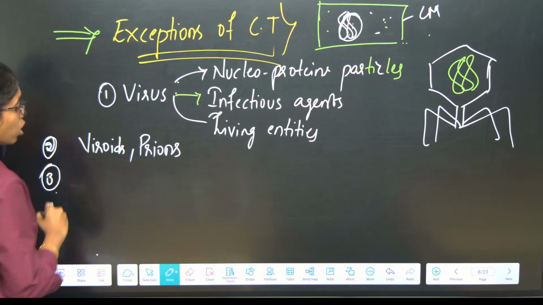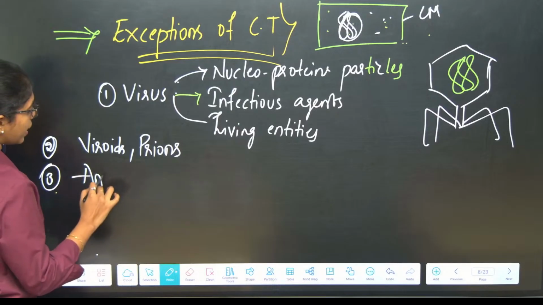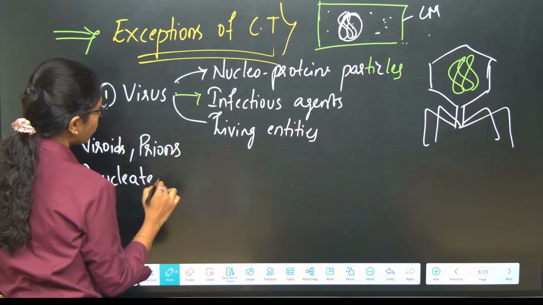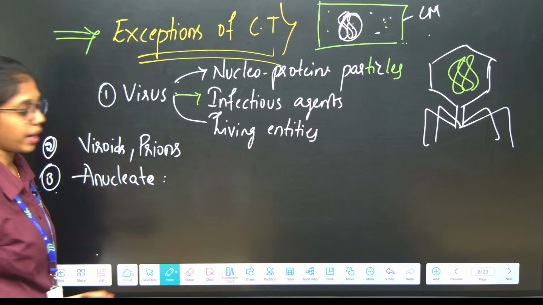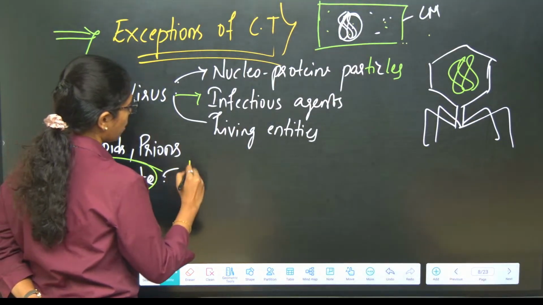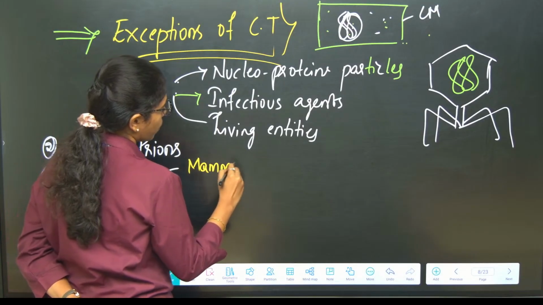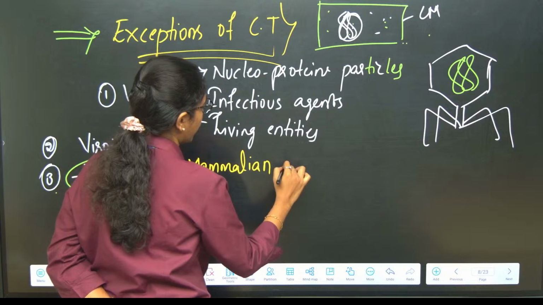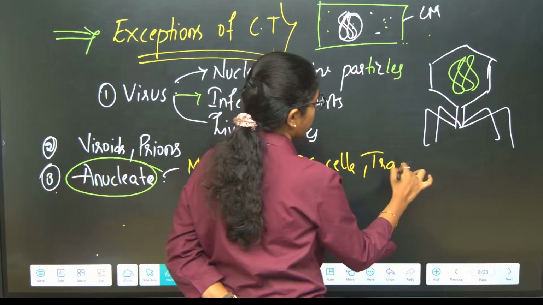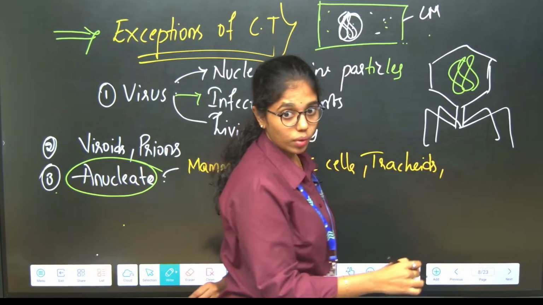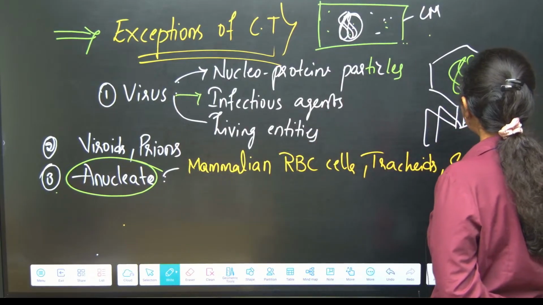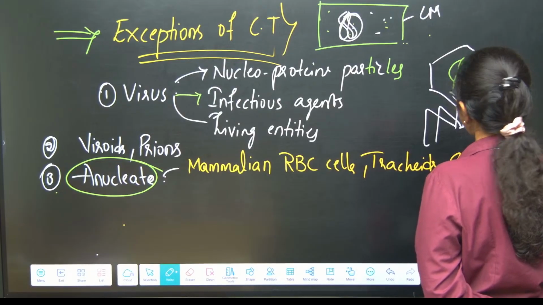And third is those cells which possess the anucleate condition. The anucleate condition is observed in a few cells like mammalian RBC, tracheids, vessels, and most importantly sieve tube cells.